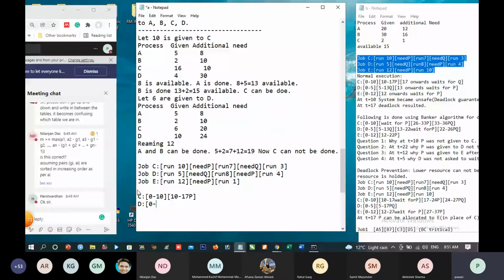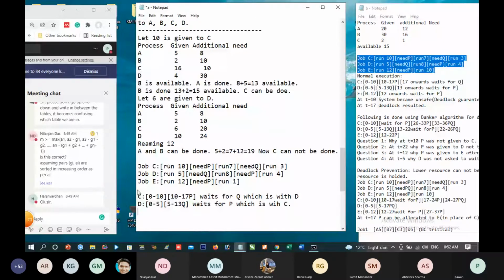And afterwards, it will execute from 5 to 13 using Q. Now, it waits for Q, which is at D. And it waits for Q, which is with C. So it is a cyclic wait which is taking place.